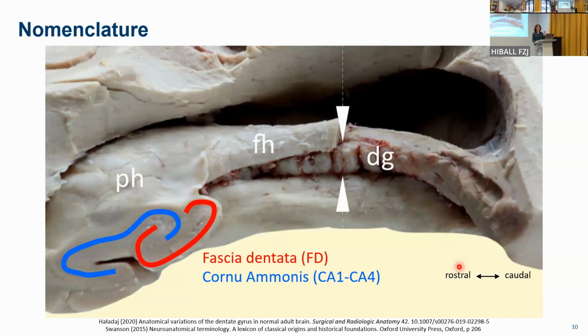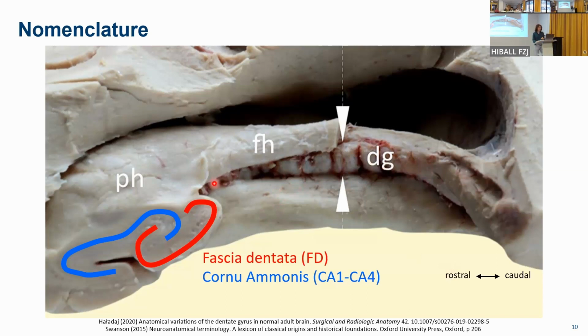This is again where anatomists used a lot of imagination, and they say, oh, this reminds me of when you look at teeth, right? If you look at your teeth from above, at your molars, that's what this reminds me of.